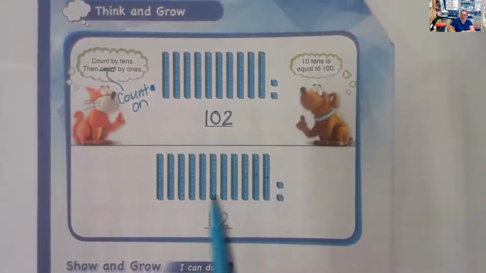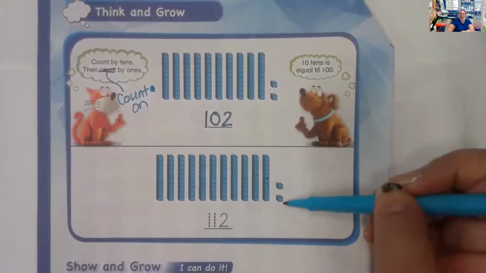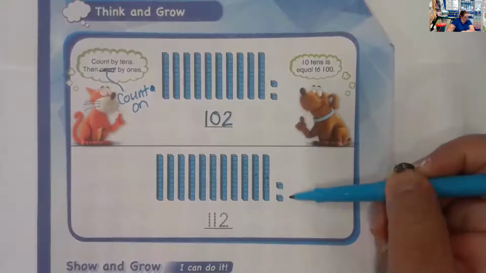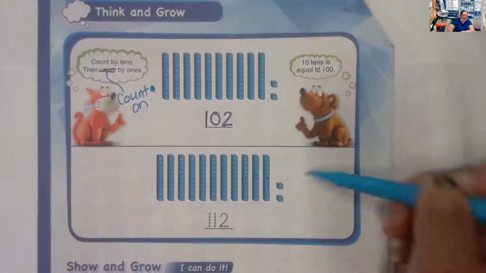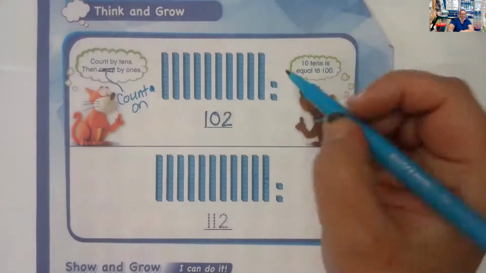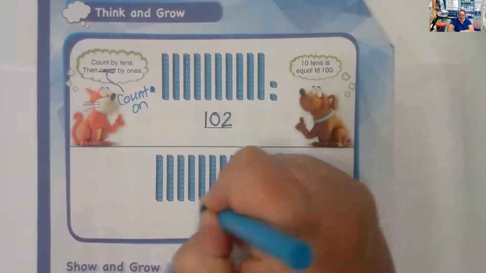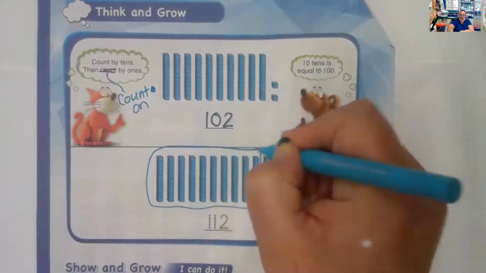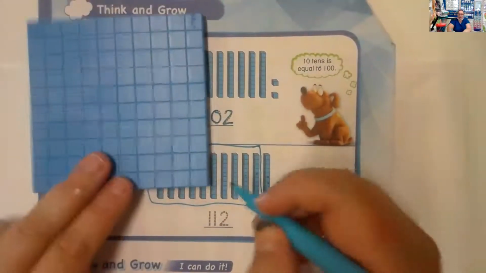So it's 110. 111, 112. Okay. Don't circle like what I'm about to do. I just want to show you. So we have how many groups of hundreds? We have 1 hundred.